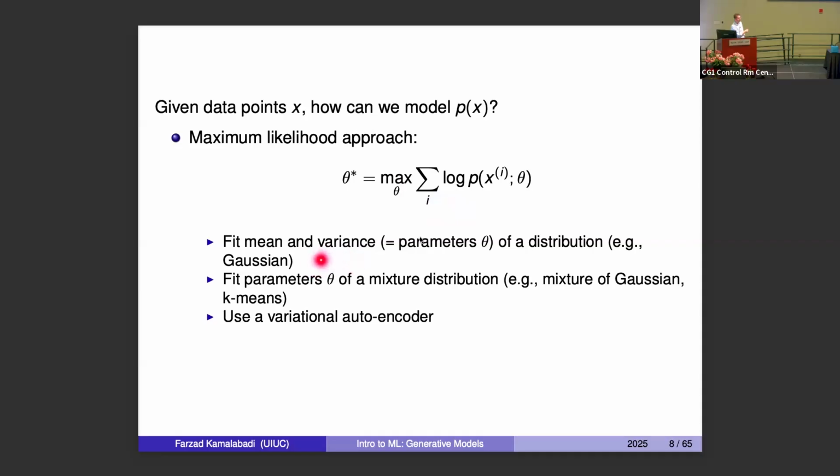This is the example that I'm going to spend significant time on going into the details of: for example, if this log likelihood is a Gaussian distribution, we know that we have the two parameters, the mean and the variance, assuming that it's converted into normal unit variance. And then we just have to search for parameters theta, and the theta in this case is just a vector of two parameters, right? Mu and sigma, mean and variance. So basically we have to solve for that mu and sigma that maximizes the log likelihood. That's the task.